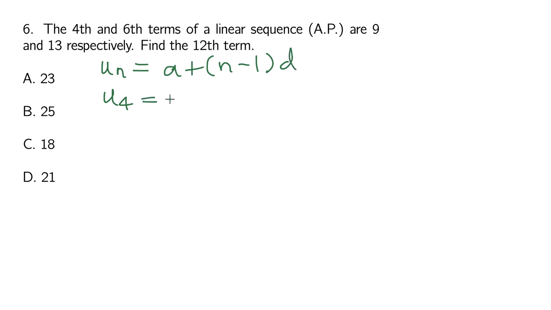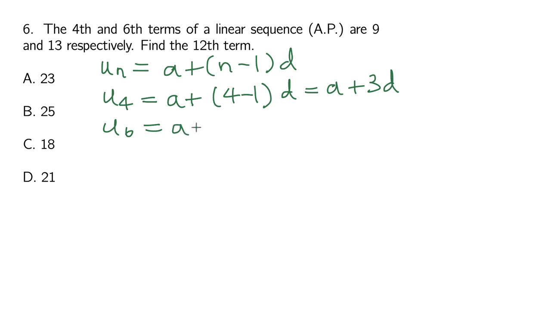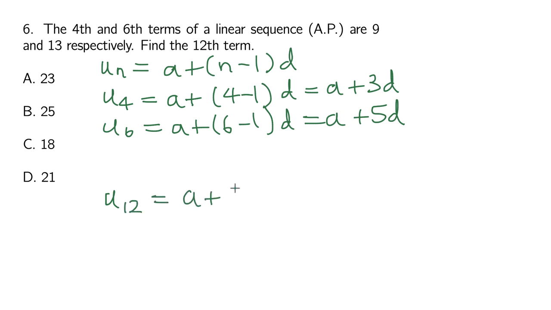So u4 is going to be a plus 4 minus 1 times d, which is equal to a plus 3d. And then u6 is going to be equal to a plus 6 minus 1 times d, which is equal to a plus 5d. Now we are being asked to find the 12th term, which is going to be u12, which is the same as a plus 11d.